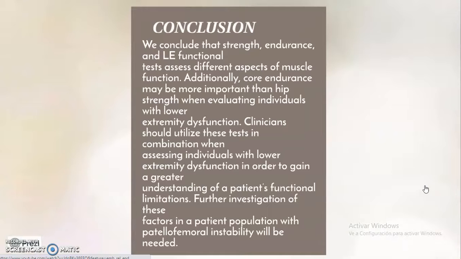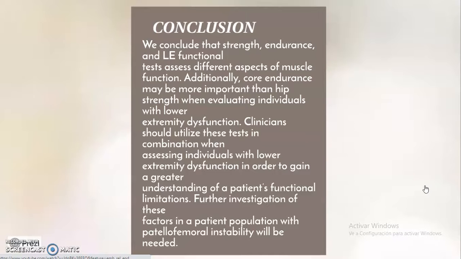Conclusion. We conclude that strength, endurance, and limb functional tests assess different aspects of muscle function. Additionally, core endurance may be more important than hip strength when evaluating individuals with lower extremity dysfunction.